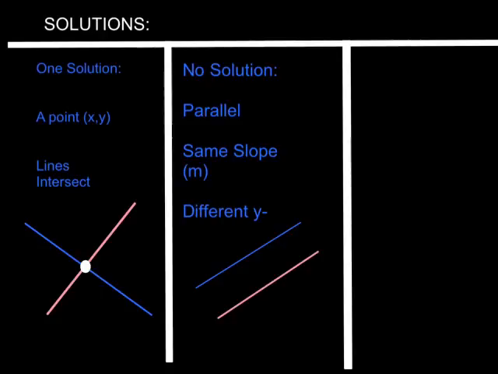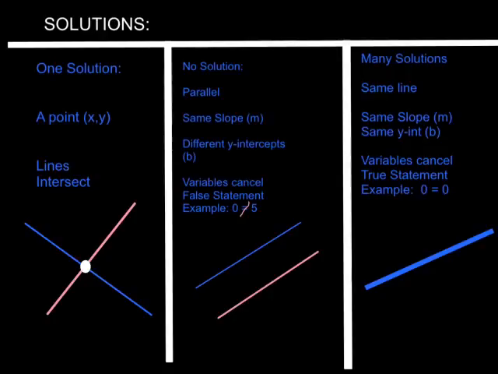You would end up with a false statement, for example 0, and you're ending up with 0 because your letters are canceling. So since they're both canceling, it's a 0. And you're going to have equals some different number. Of course, 0 is not equal to 5, so that's why this would be a false statement. It's not equal to 5. And as you can see here, the blue line would be parallel to the pink line.